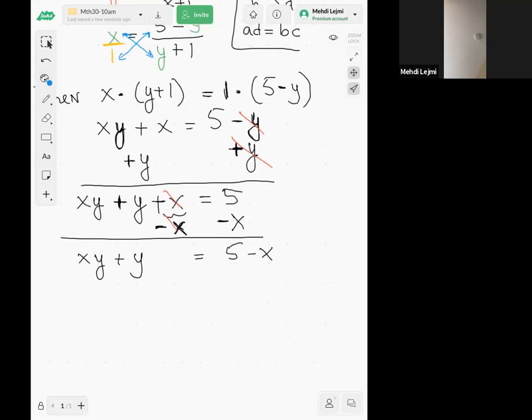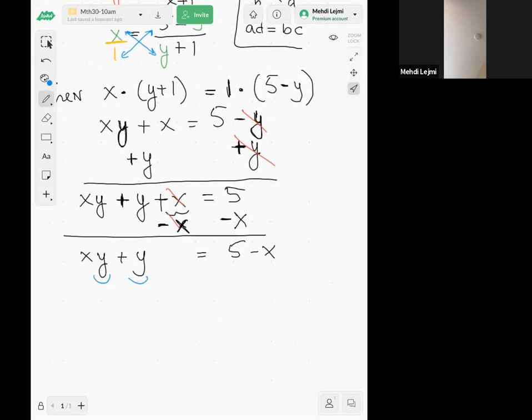You see this Y here and this Y here, so you can factor out Y. So it's going to be Y times, and then here I have X, there's a plus, and there's Y, so it's Y times 1. Y times 1 is Y, equal to 5 minus X, right? You see why I moved the Y's to the same side, because then I can factor out the Y.